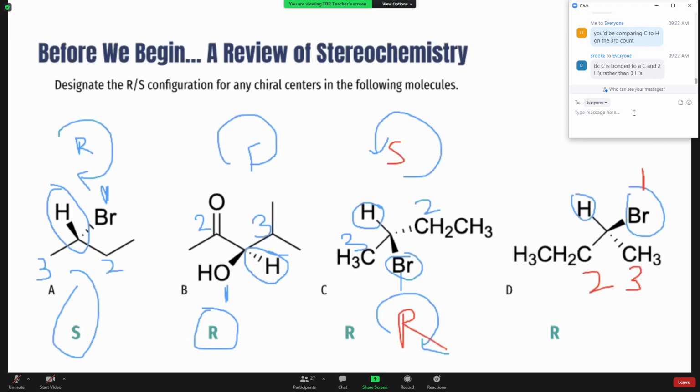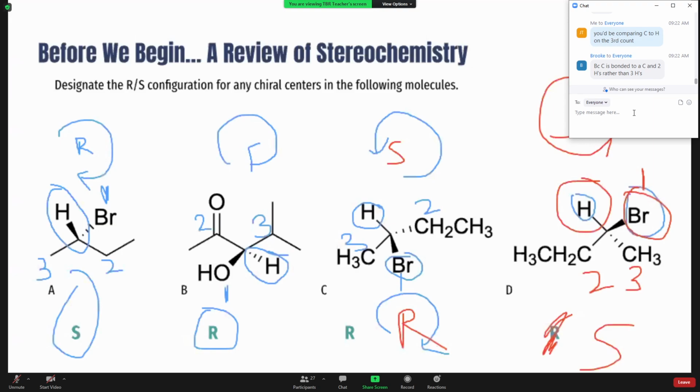So, oh, I did get this wrong. This should be S, I think. So because the hydrogen and the bromine are kind of next to each other, they're neighbors, they're not across from each other, you will take the configuration as is. So in this case, it is S because it's counterclockwise. Sorry, I made a little mistake there. But I hope that makes sense.